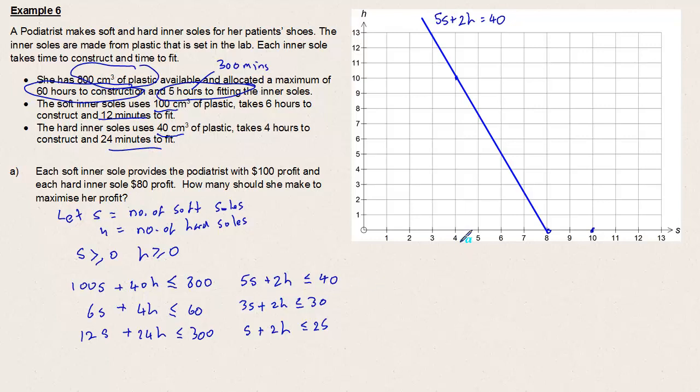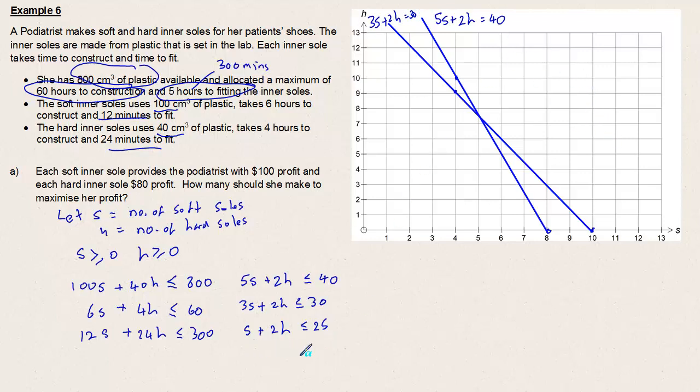So it's 4, 9. It's going to be a point on that line. So that's going from there through there, like so. Let's just label that one. So that was 3S plus 2H is 30.